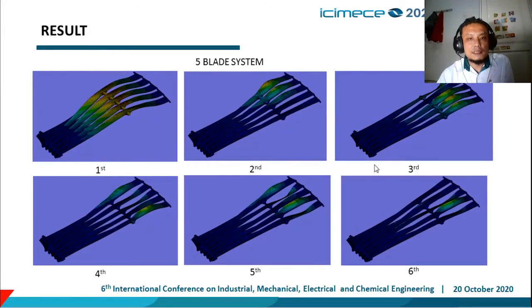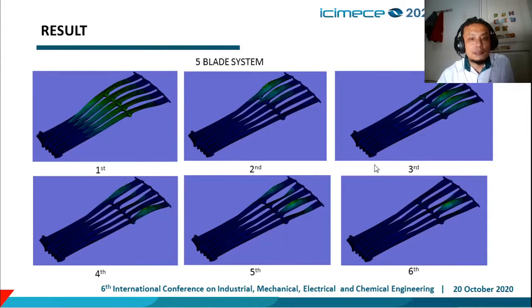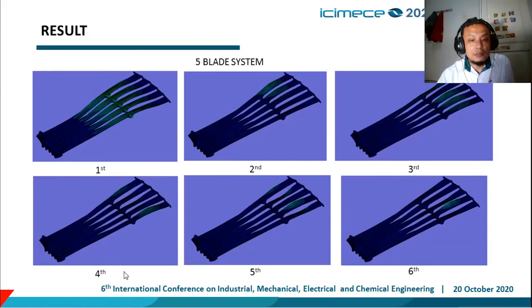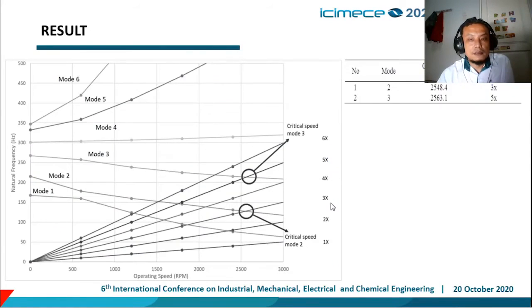And this is the result for the 5 blade system modal analysis: natural frequency first, second, third, fourth, fifth, and sixth. We also plot the model for the 5 blade system. This is the intersection, the dangerous area where operation under low frequency occurs.